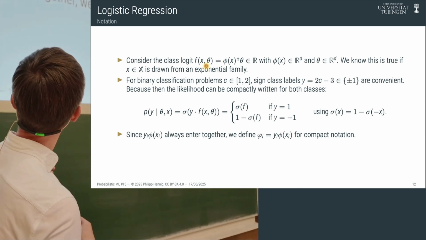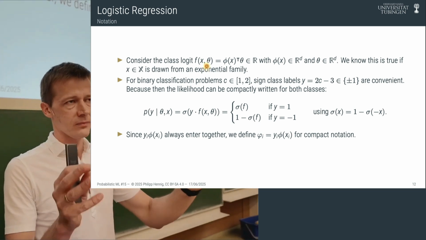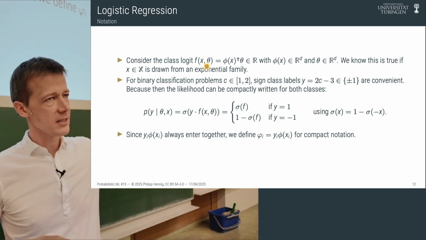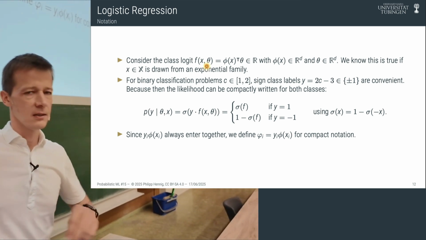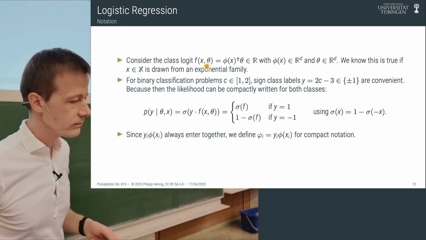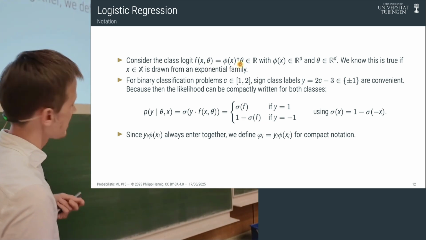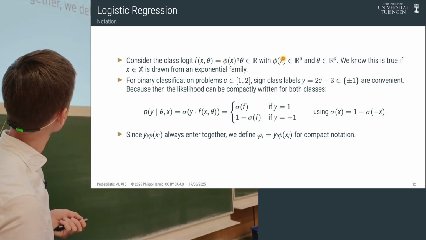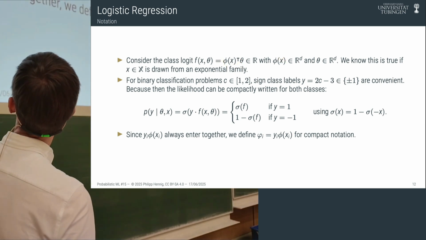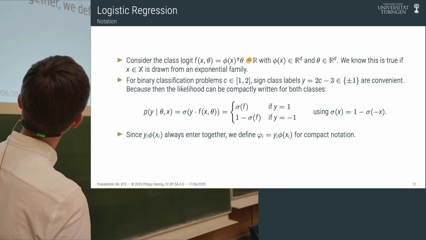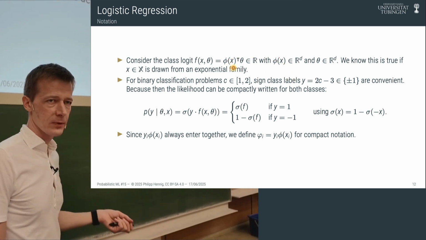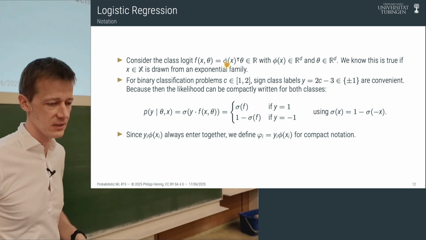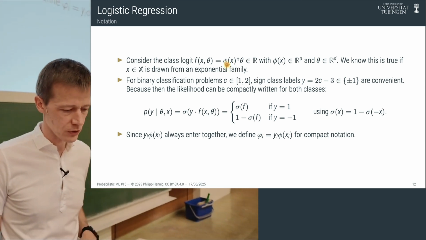But it'll remain this function of two things, something that takes inputs x and parameters theta and then produces a prediction. We're now going to make the specific assumption that it's linear in the parameters for the moment and nonlinear in x. We call this the features. Then this is in particular true if x is actually from an exponential family, but that's a special case. For that, we also need that the integral over phi of x is a finite number for any particular choice of theta from the domain.